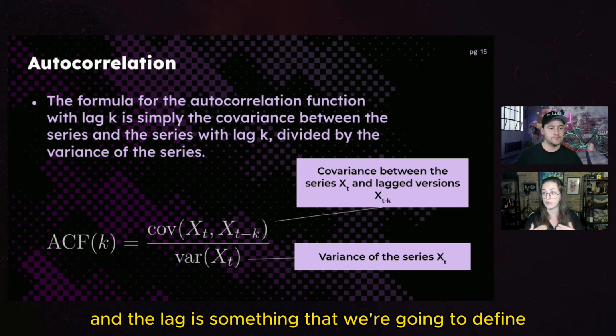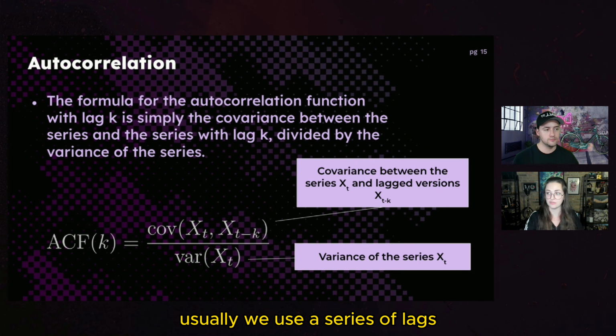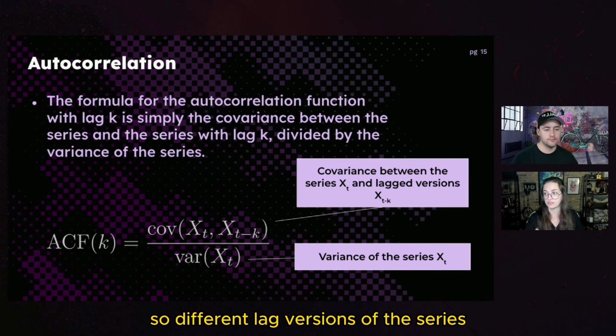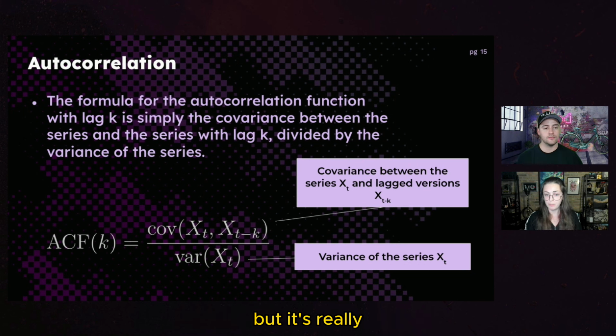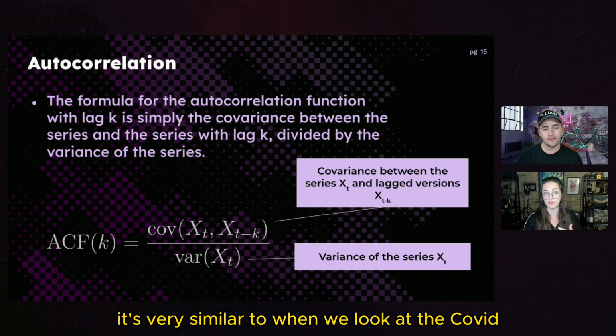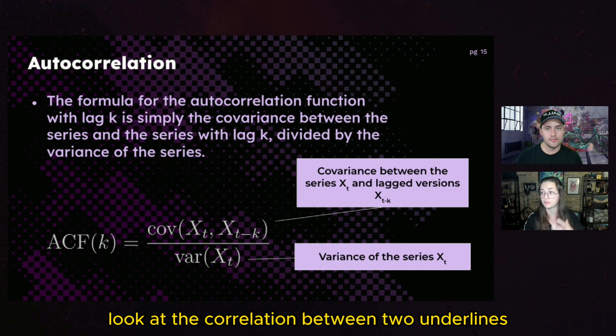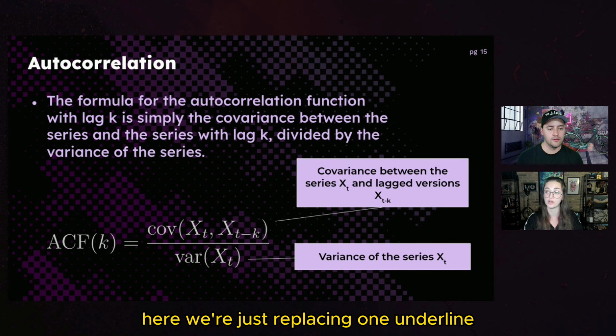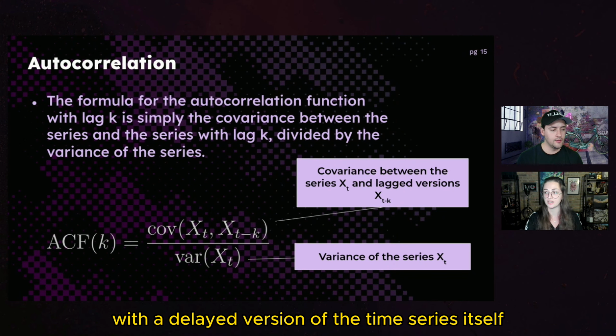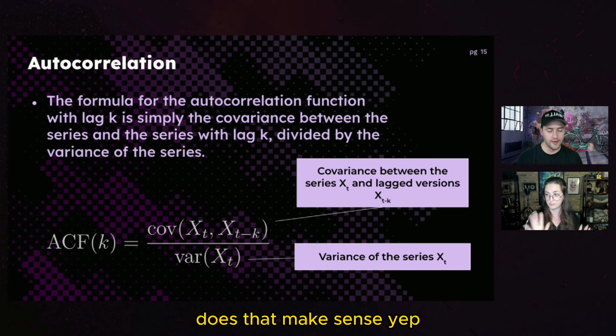The lag is something that we're going to define. Usually we use a series of lags, so different lagged versions of the series, which I'll show in a second. But it's very similar to when we look at the correlation between two underlyings. Here we're just replacing one underlying with a delayed version of the time series itself. Does that make sense? Cool.